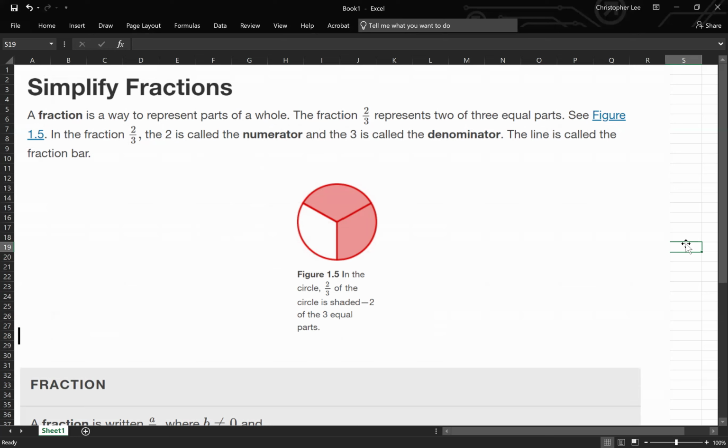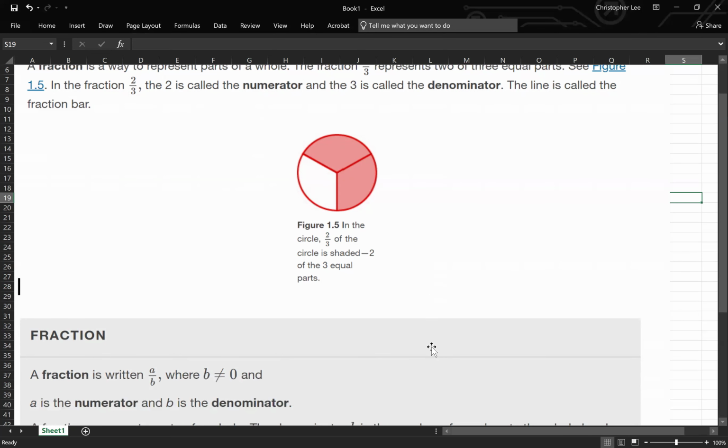The line is called a fraction bar. You could think of this circle as a pizza cut into three parts. 2 over 3 is two parts of the three whole, parts over whole. So in the circle, 2/3 of the circle is shaded, two of the three equal parts.